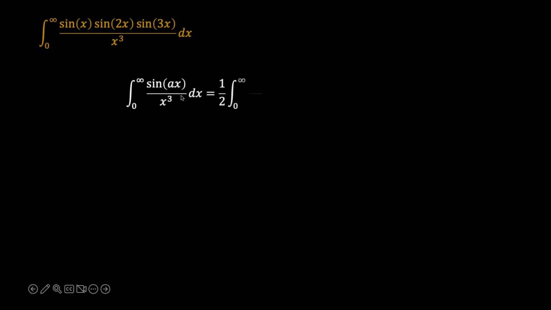So what happens to this problem is the first thing I would like to look at is the integral of sine ax over x cubed, because we do have these constants here. There's a reason I'm interested in integrating this.